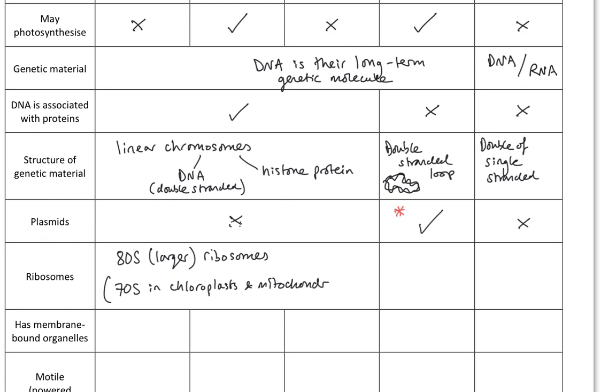So it's awkward to say that they don't have 70S. Whereas prokaryotes only have 70S. There's no ribosomes in a virus. They just take over another cell's ribosomes. So yes, ribosome is awkward.